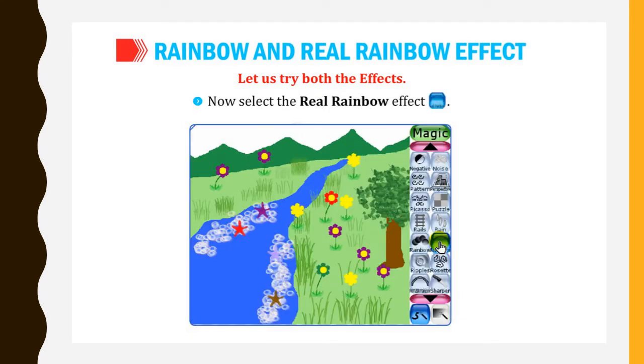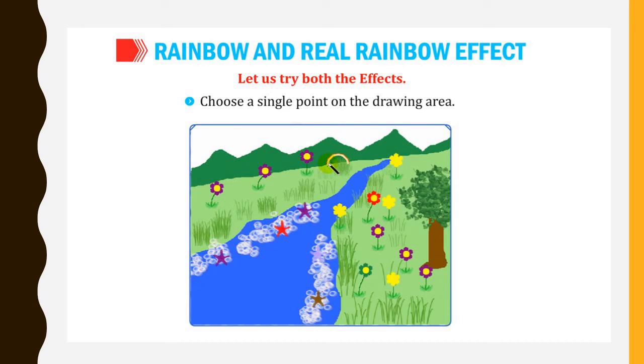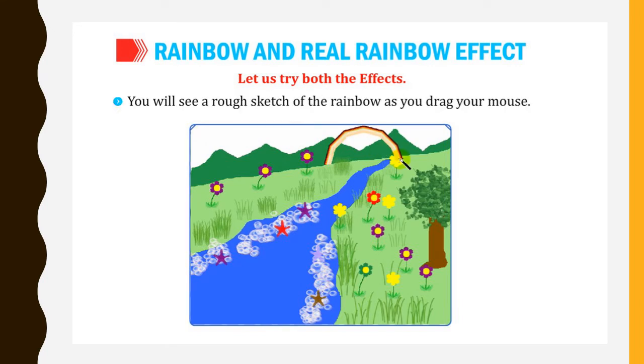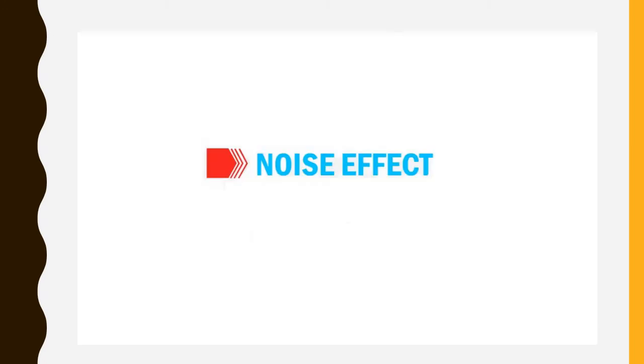Now select the real rainbow effect. Choose a single point on the drawing area. Click and drag the wand from one end to the other. As you reach the end point and release the left mouse button, you will see a real rainbow on the canvas. Next is noise effect.